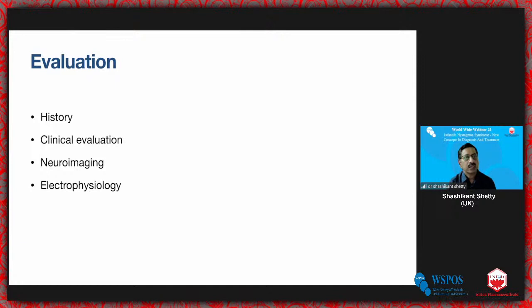We have to take any family history of nystagmus, and also from the history, we should look at the head posture. While doing the clinical evaluation in the clinic, we again look at the head posture. We have to look at the visual acuity in all the 9 gazes. Neuroimaging should be done in patients with acquired nystagmus, and electrophysiology in patients to rule out sensory deficits.